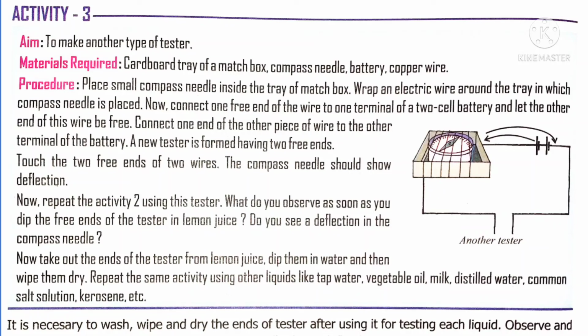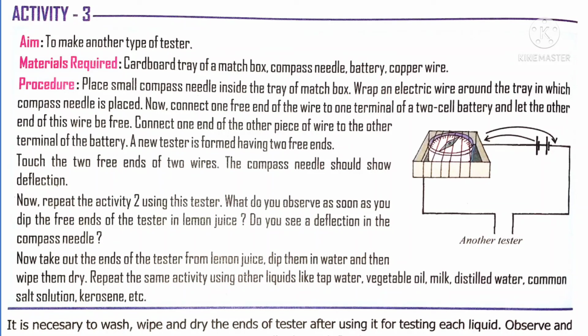The solution is a bad conductor in which no ions are present, so the circuit is incomplete. The current is not passing through the circuit. That is why the compass needle does not show any deflection, because only around an electric current carrying conductor is a magnetic field produced or the magnetic effect observed.